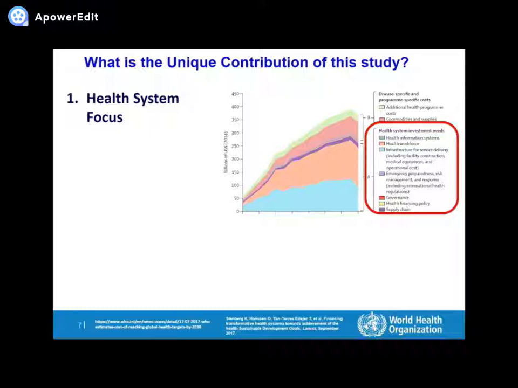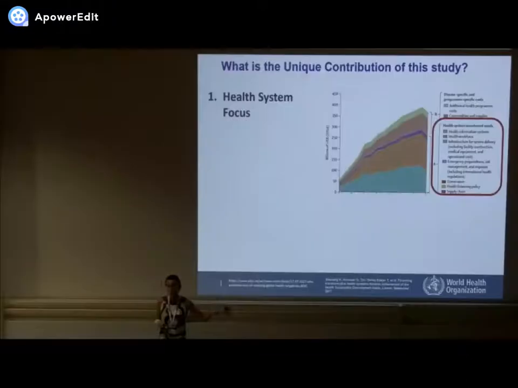So in addition to modeling a package of interventions required for UHC, we are also very much considering what are the health system investments, because I think the evidence has shown us for the past 10 to 15 years, even while investments in health are growing, investments in health systems have remained more or less at the same level, and we are not seeing the kind of investments that would be needed to fully expand coverage. So in our model, we very much show the need to invest in health systems that's driving the cost across all 67 low and middle income countries.